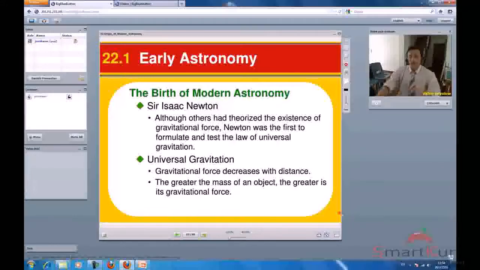We're moving on here. Remember, Tycho Brahe and Galileo were late 1500s. Kepler was early 1600s. Isaac Newton was in the late 1600s. So maybe another 50 years.